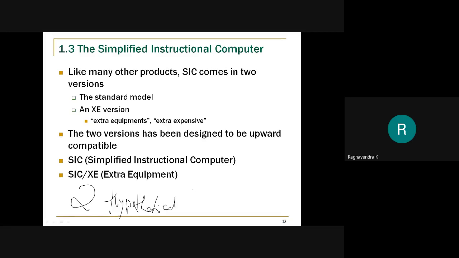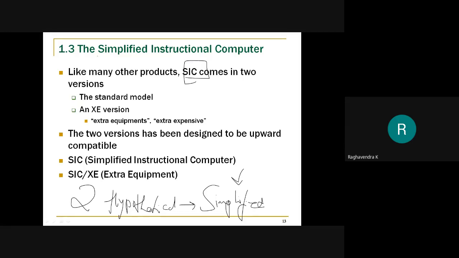We will take all the common features from the existing systems, in a simplified format, so these two hypothetical machines are simplified versions of existing computer systems. So what are those two machines? The machines are called SIC.